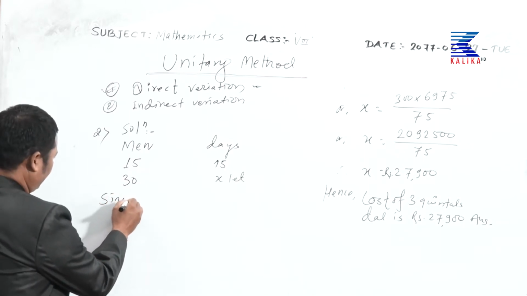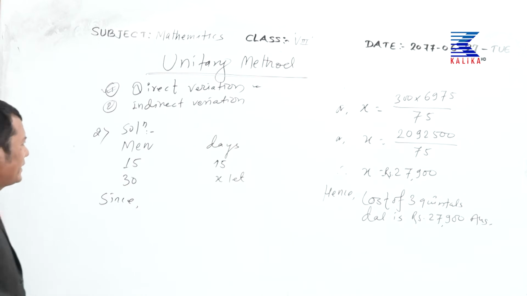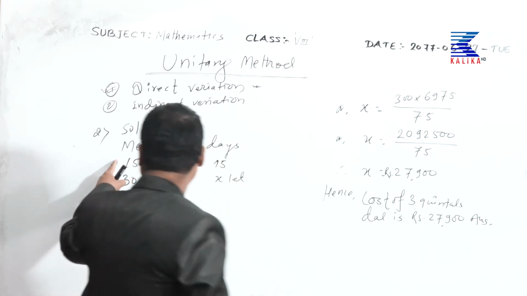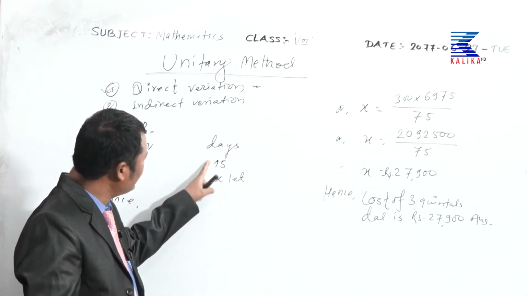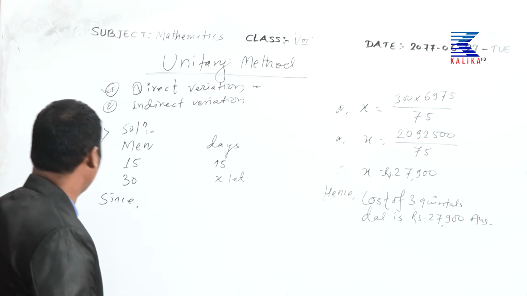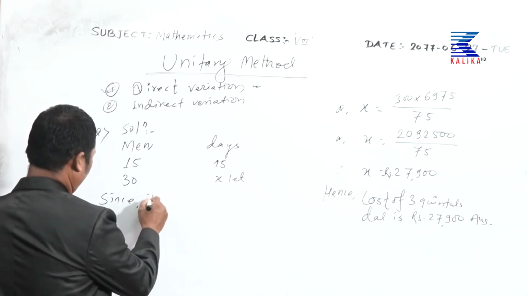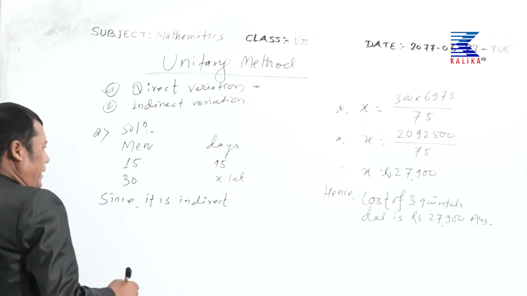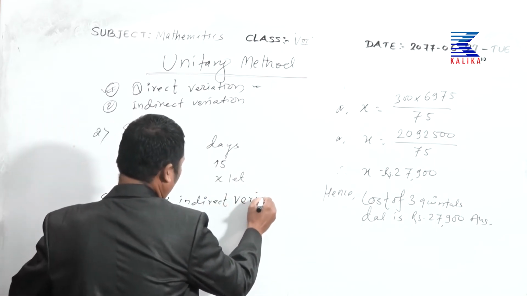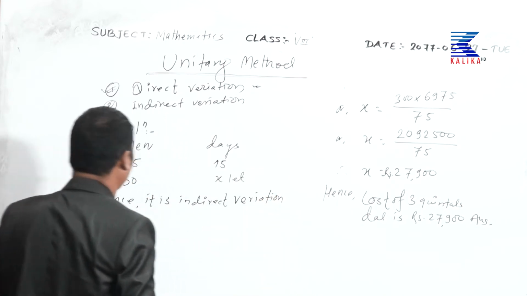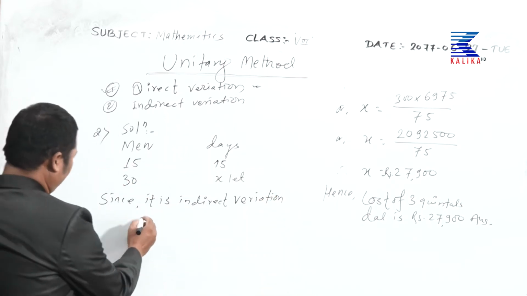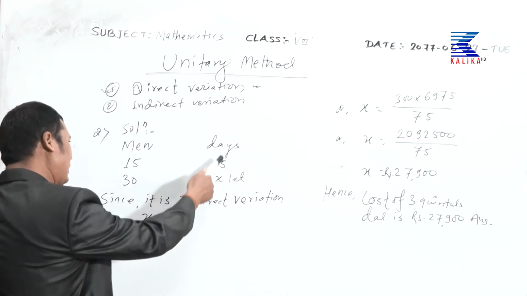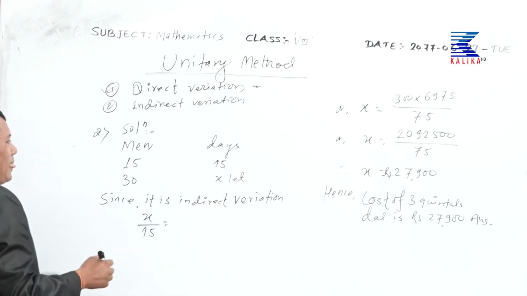Since if the men increase, the days decrease; if the men decrease, the days increase. Since it is indirect variation, x upon 15 is equal to 15 upon 30.